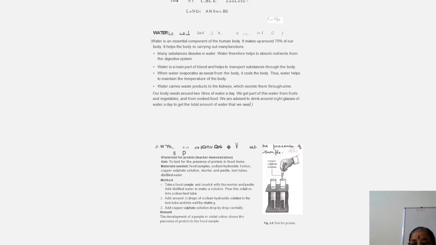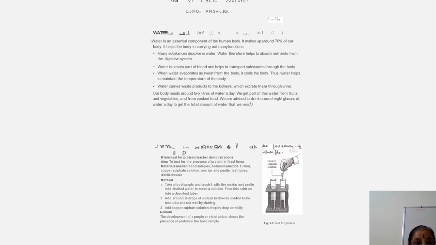Are you clear? So go through the second one, role of water and test for protein by Biuret test method. Go through it for one minute. Many substances dissolve in water. Water therefore helps to absorb nutrients from the digestive system. Water is the main part of blood and helps to transport substances through the body.